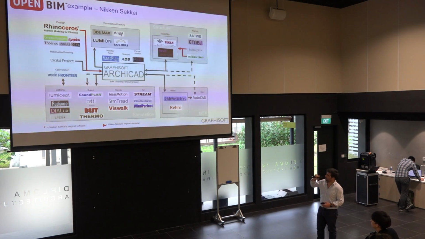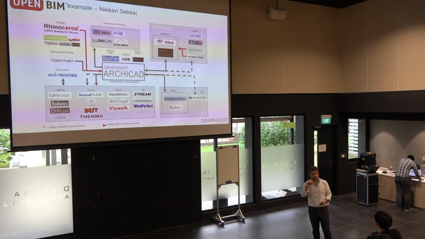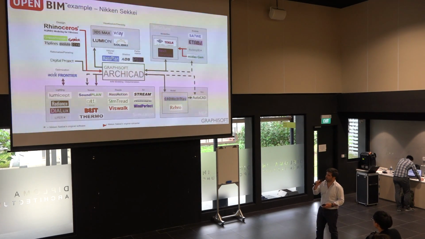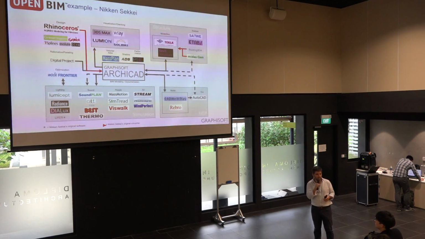Then for simulation, they use, for example, mass motion to check if the people can evacuate from the building on time, or if you want to test lighting, they use Dialogs, Lumisat, Radiance. So there's many different detailed or dedicated solutions for different purposes.